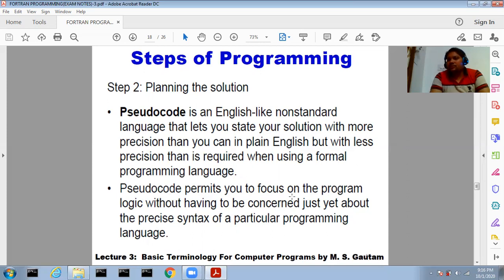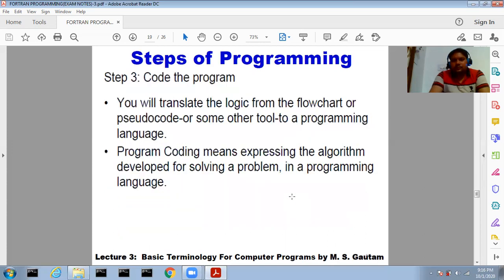Different programmers use different types of pseudocode. So pseudocode also helps us to understand the program logic to develop an error-free program. So this is also very important, just like a flowchart.